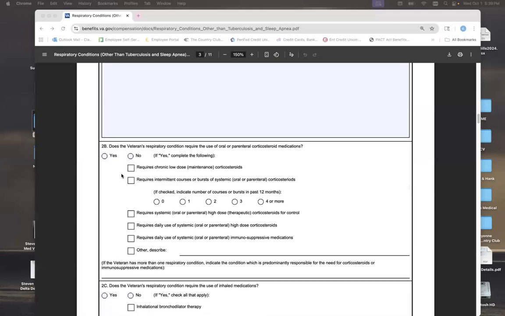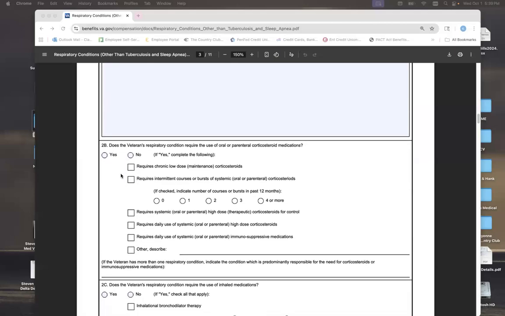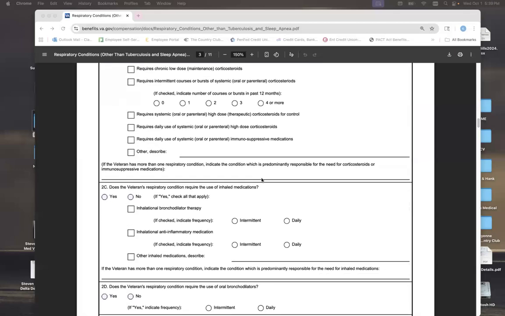This section then goes into medication use. So, is there oral steroids or parenteral, like IV steroid medication that's required? Section 2C is where inhaled medication, this is where you check if they're on albuterol or an inhaled corticosteroid or an antimuscarinic like Spiriva.